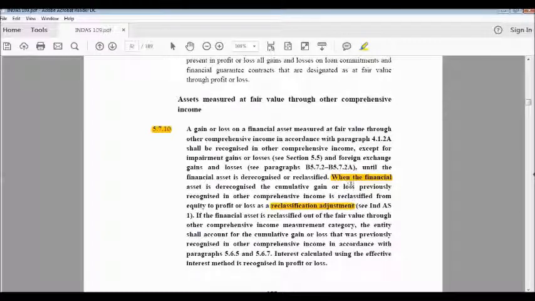So whenever you derecognize the financial asset, the cumulative gain or loss which you have previously recognized in other comprehensive income will be reclassified from equity to profit or loss as the reclassification adjustment. Also see Ind AS 1 for more detail.